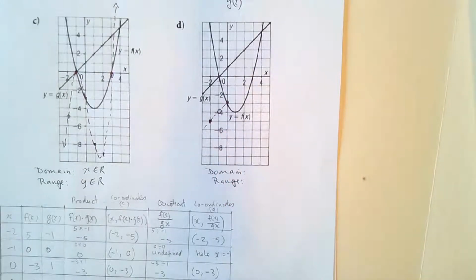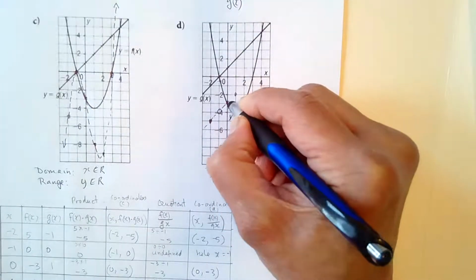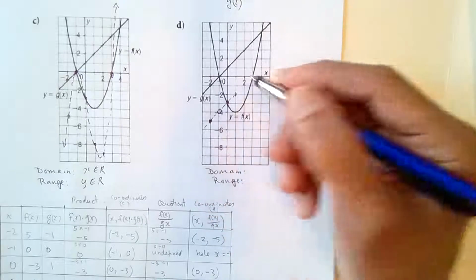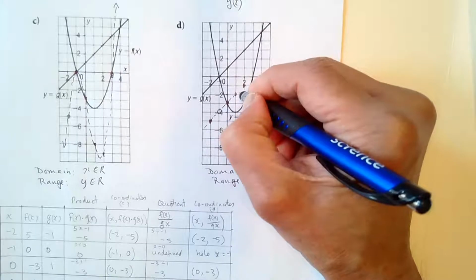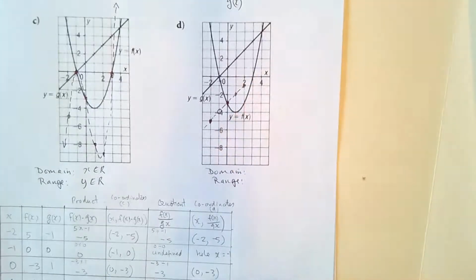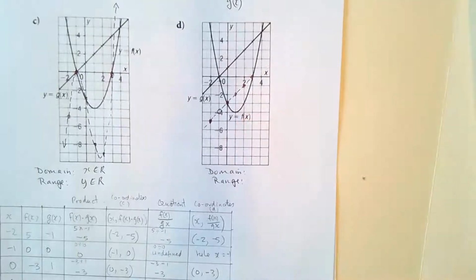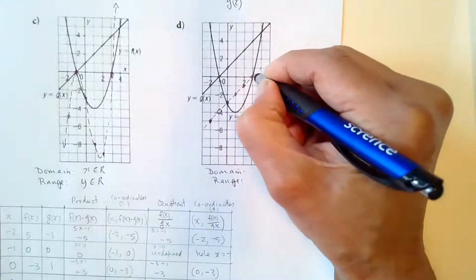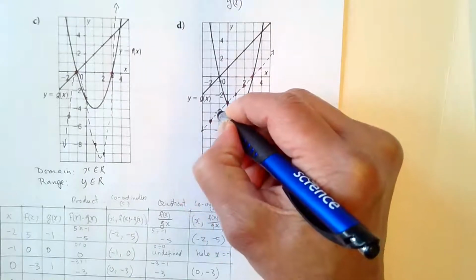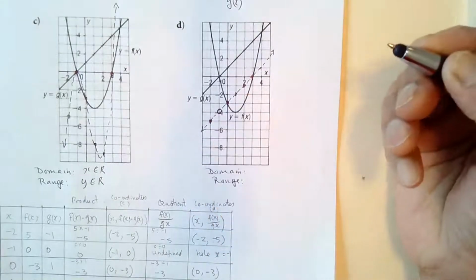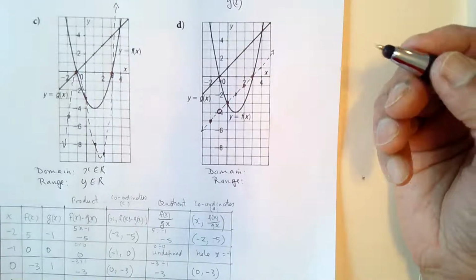Continue 1, -2. And 2, -1. 3, 0. 4, 1. So there's a hole at y equals -4 and x equals -1.